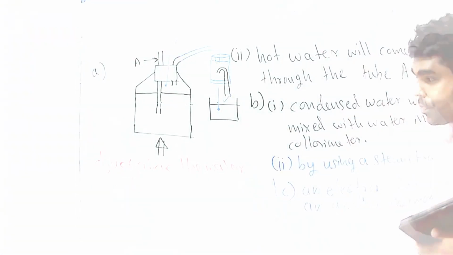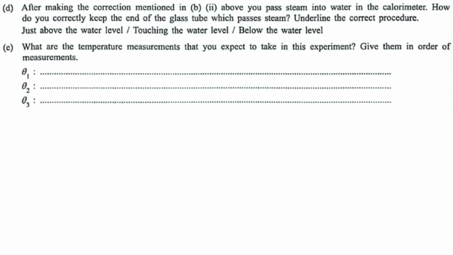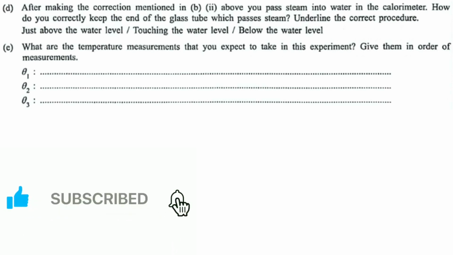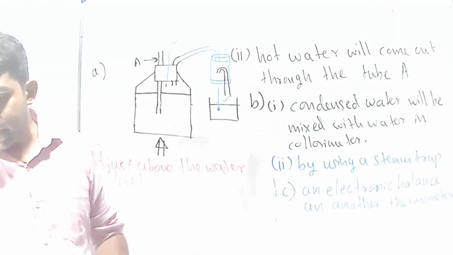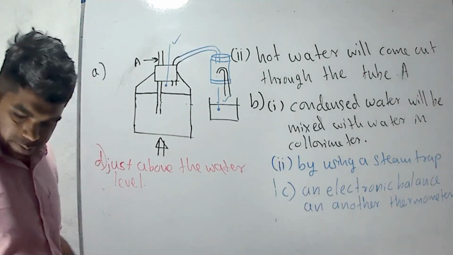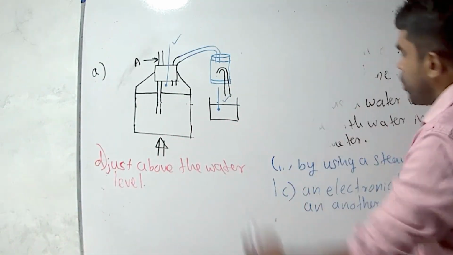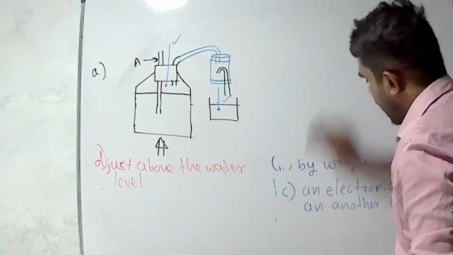Then part E: what are the temperature measurements that you expect to take in this experiment? Give them in order of measurement. First measurement, theta 1, is the initial temperature of water in the calorimeter.